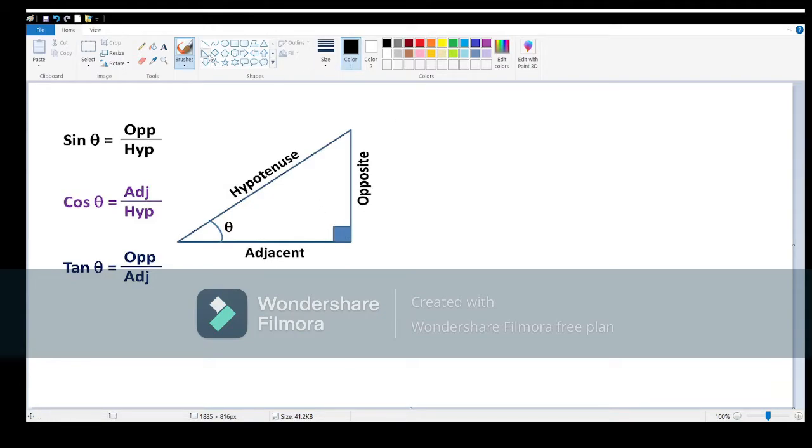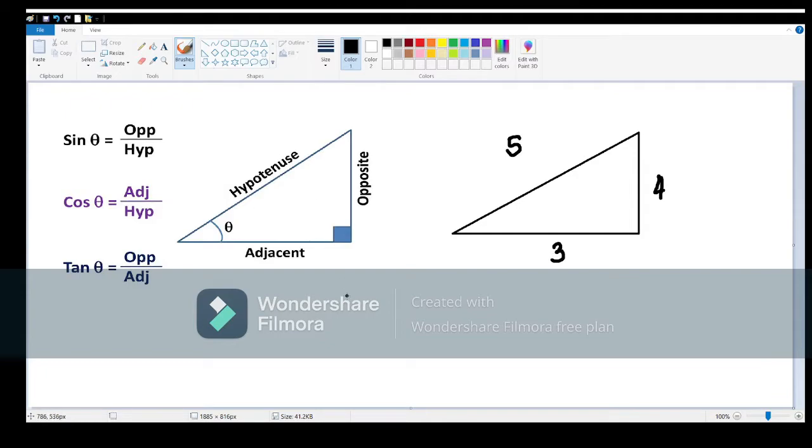So I'm going to give you an example. Let's say I make the opposite side 4, the hypotenuse 5, and the adjacent 3.